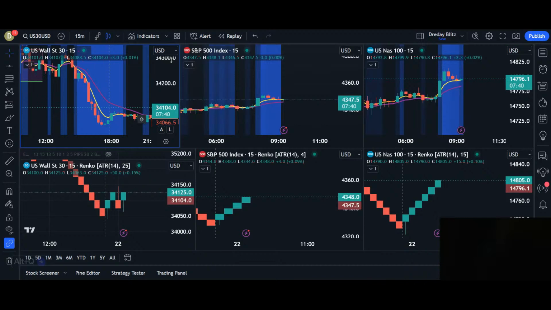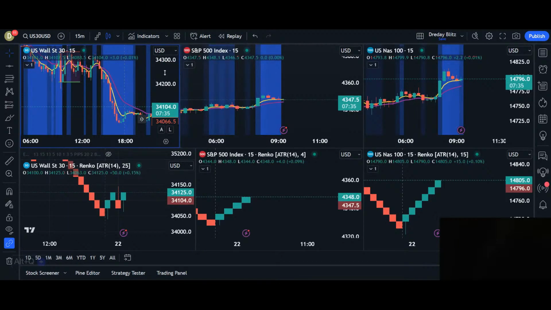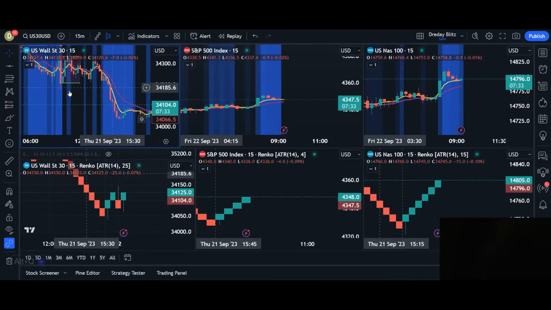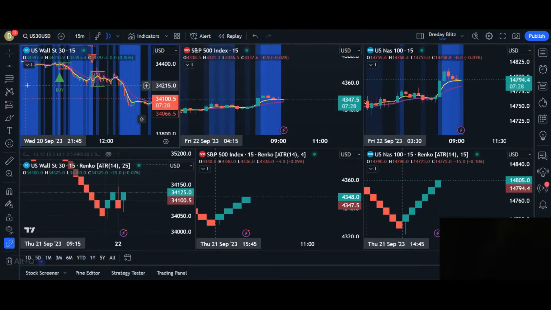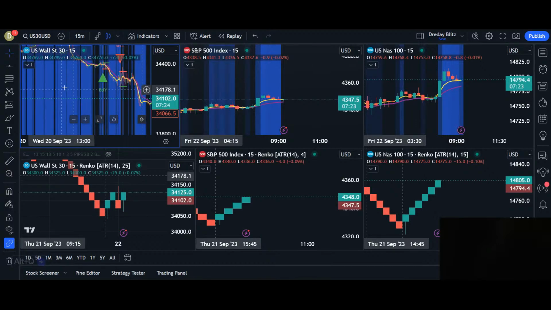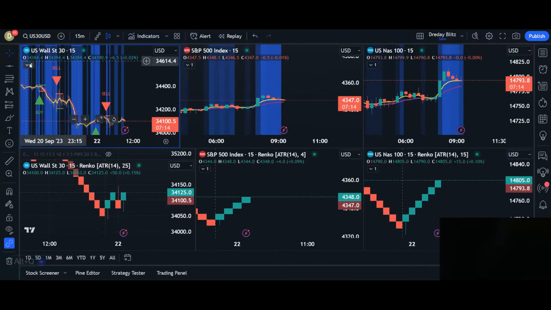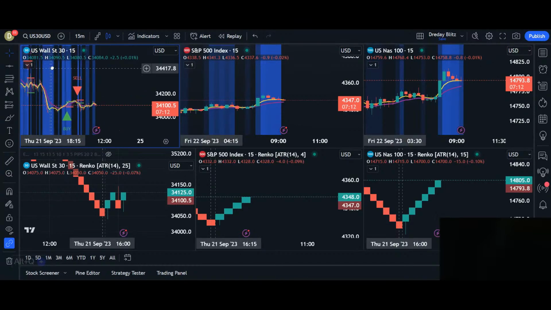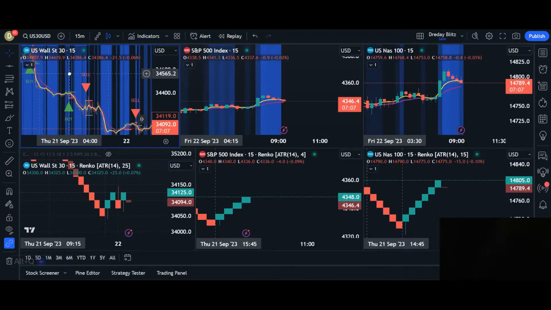This week we had big movements on each of the indices, especially after the FOMC news event on Wednesday. If we go back, that was the FOMC news event, and since then we were selling off. If you took the trade off of a higher time frame, you should still be in the trade until now.